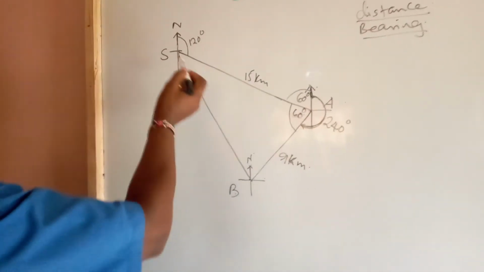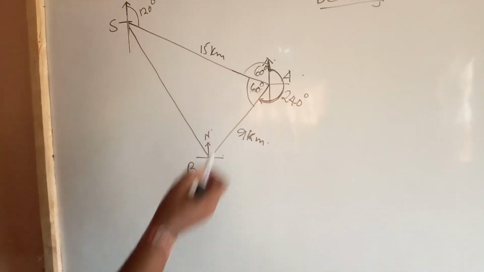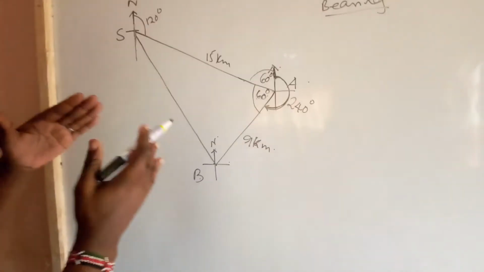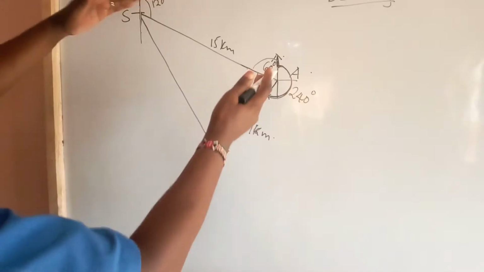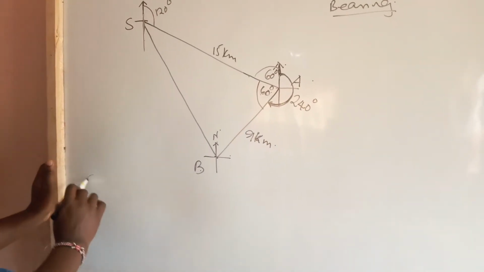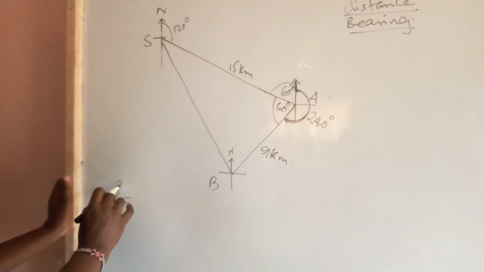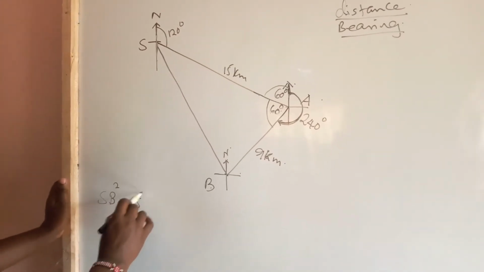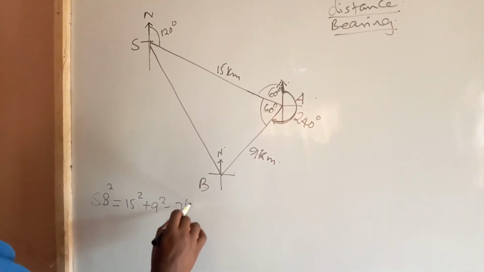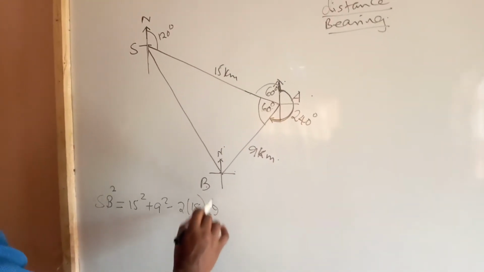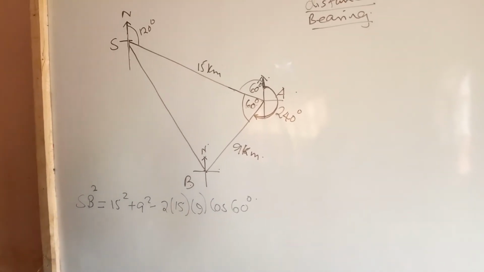You can see we have been given this 15 kilometers and this 9 kilometers, and the angle given is between the two lines. So we can easily use our cosine rule, which says SB squared is equal to 15 squared plus 9 squared minus 2 times 15 times 9 times cosine of 60 degrees.